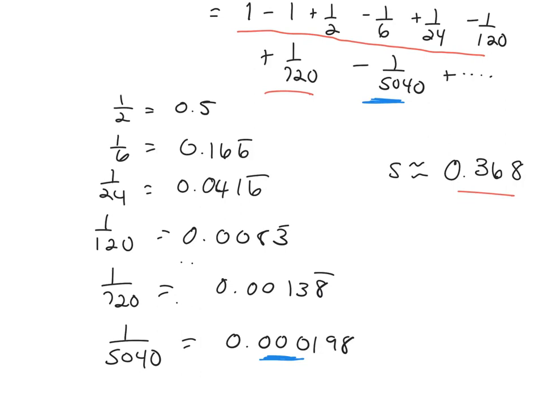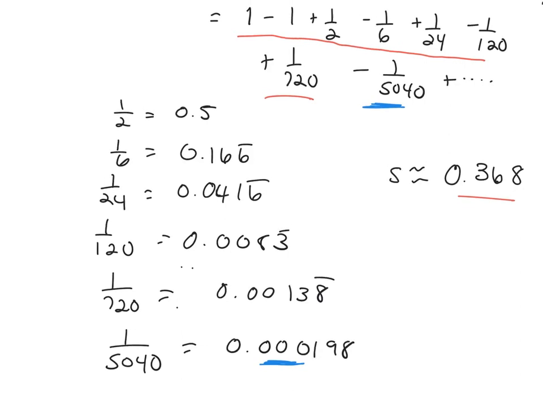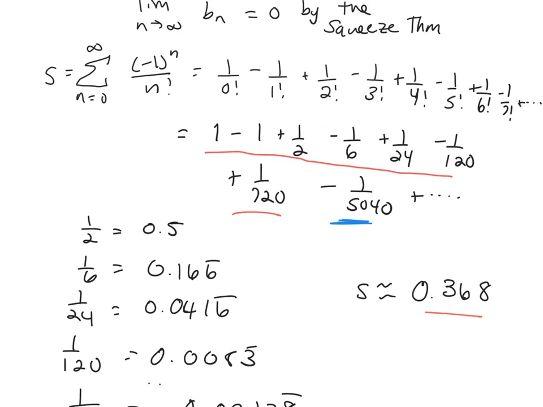So I write out all these numbers here without the negative signs. I write them out, and this is the first time that I'm correct for 3 decimal places. And so this is where I need to cut off my list of adding. So I'm only going to add the red, not the blue, and if you add up the red, you're going to get this decimal. If you round it to 3 decimal places, and if you were able to find S, the first 3 digits would be 368. Oh, okay, that makes sense. Yeah. Thank you. You're welcome.